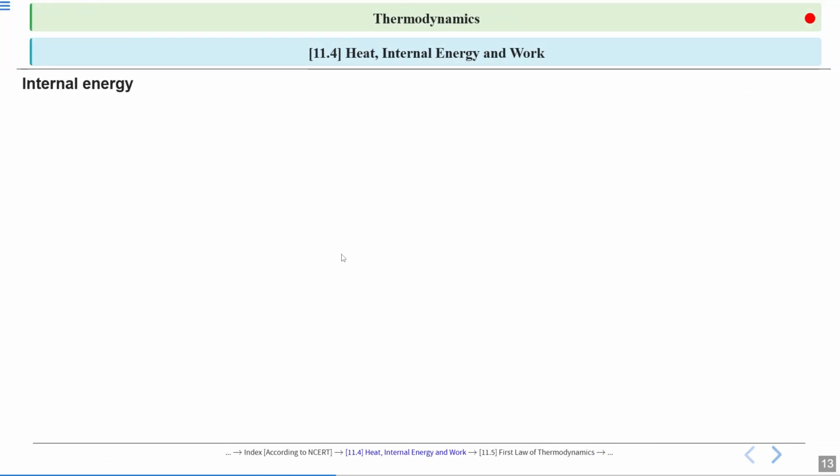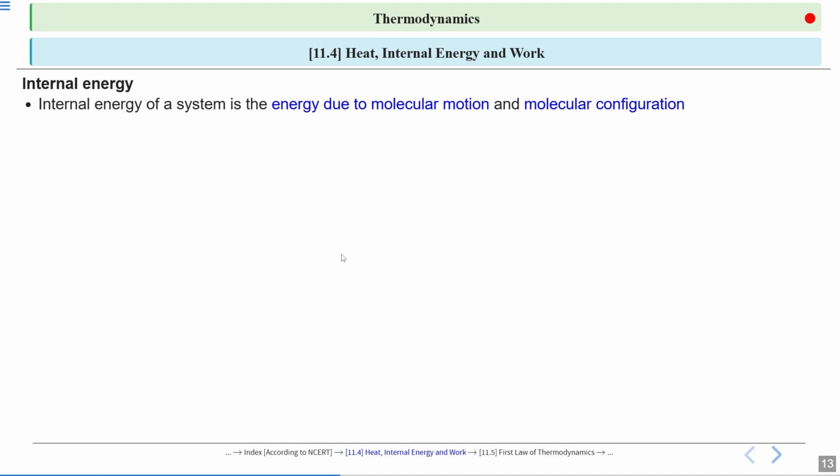Internal energy. As the name suggests, internal energy of a system is the energy due to molecular motion and molecular configuration. So there are two types of energy present. First, due to molecular motion. Second, due to molecular configuration.